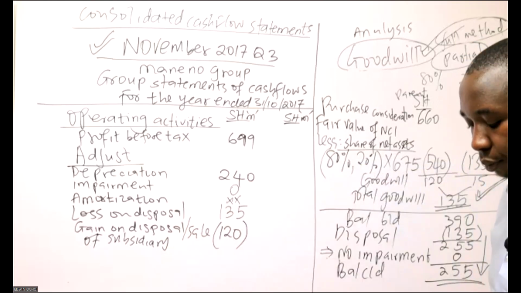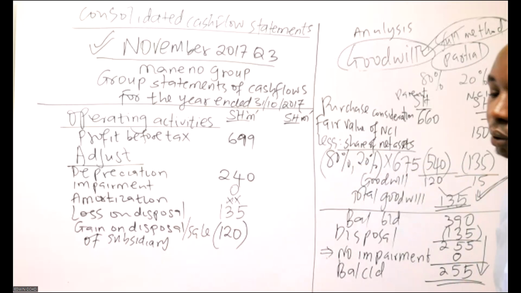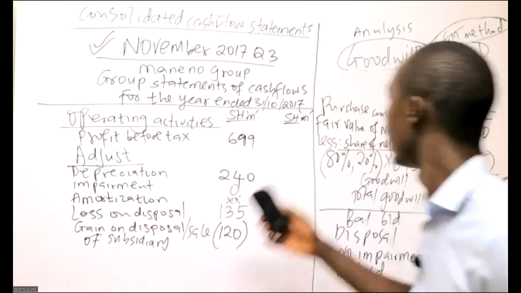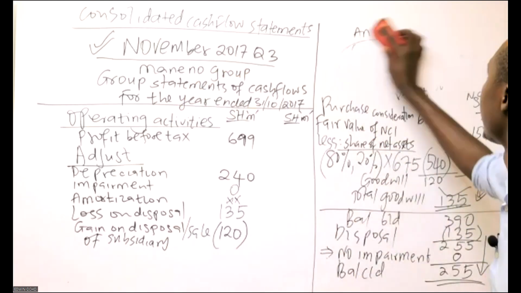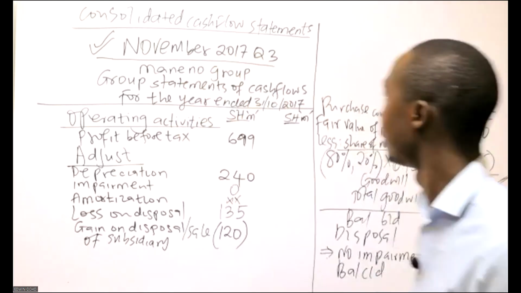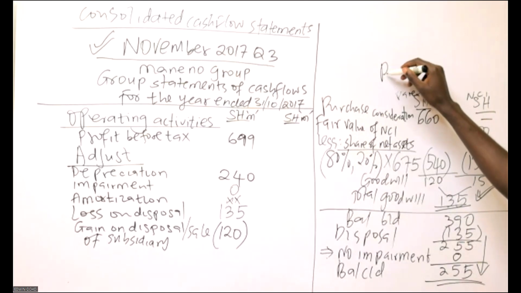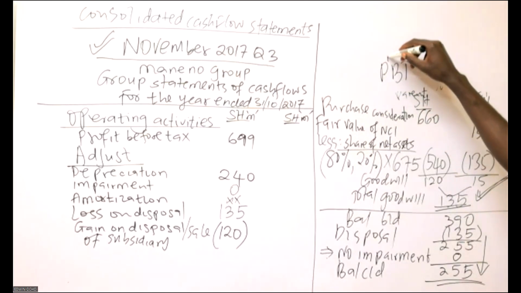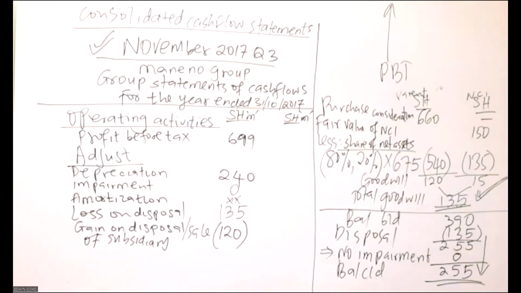Then you check the items which have been adjusted above the profit before tax.